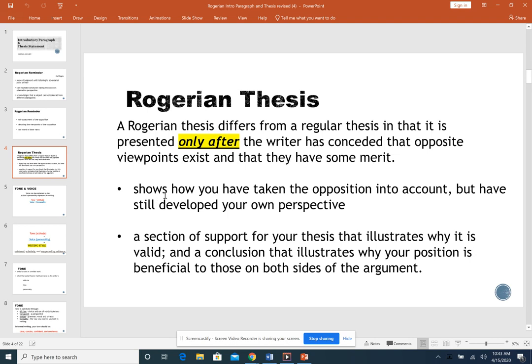What this does is show how you have taken the opposition into account, but you still have your own perspective. And note that a section of support for your thesis illustrates why it is valid, and a conclusion illustrates why your position is beneficial to those on both sides of the argument.